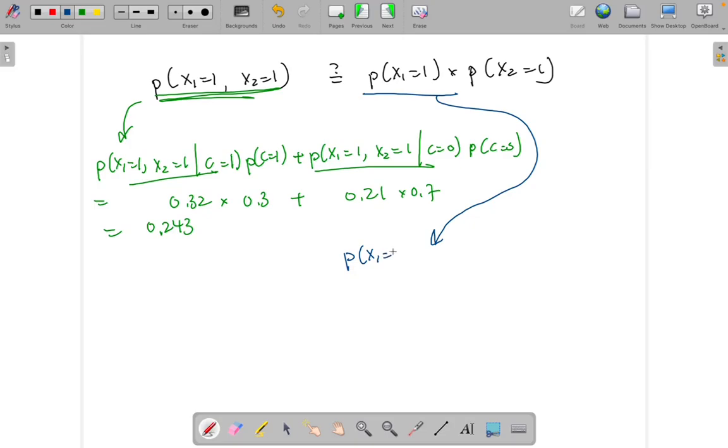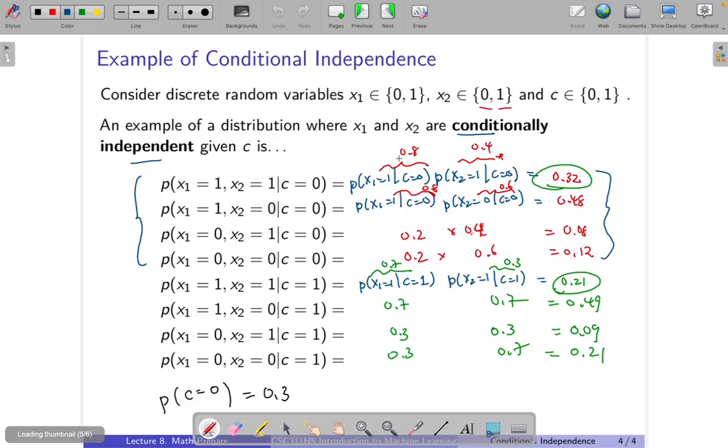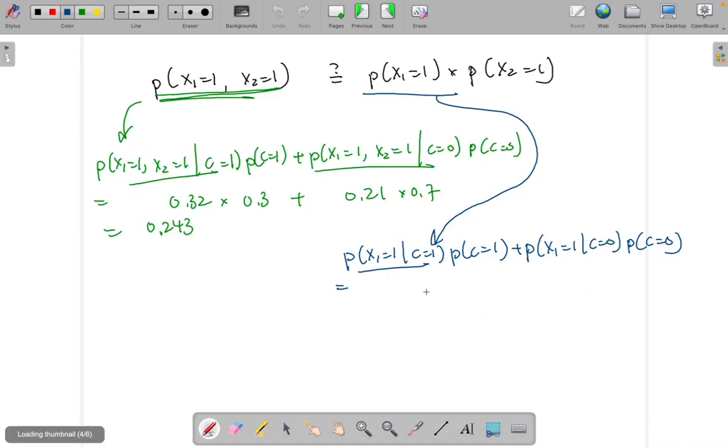All right, what about the probability that x1 is equal to 1? Again, I can do the same thing and sum over the possible values of C. X1 equals 1 given C equals 0 times the probability that C is equal to 0. Well, this term, going back to the previous slide, was this value. I'm also going to need this value here, 0.8, 0.7, and this should give me 0.73.